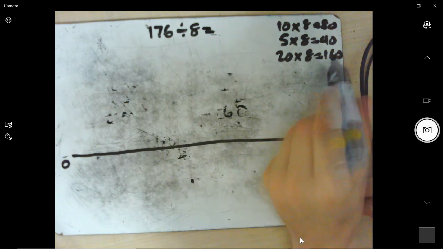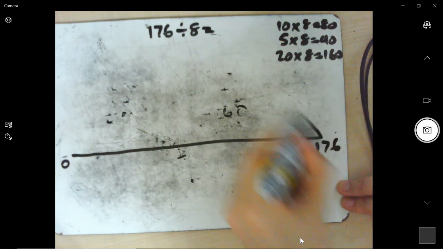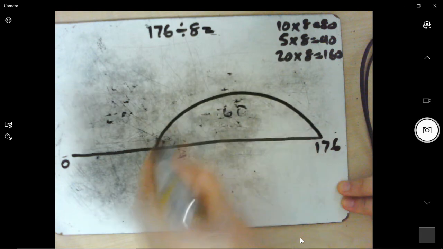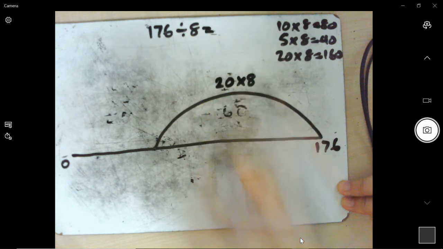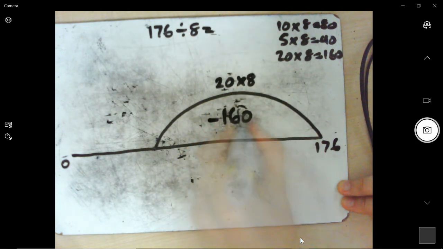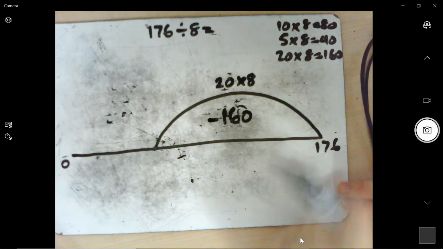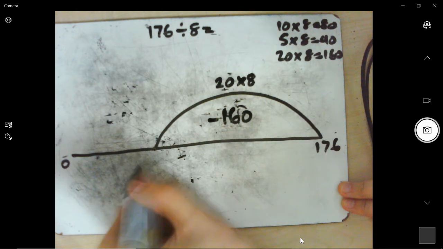So the best fact to use is 20 times 8. So I'm going to subtract 20 groups of 8, which is 160. 176 take away 160 is 16.